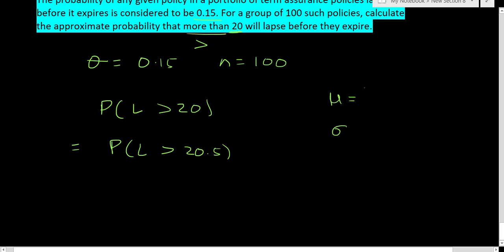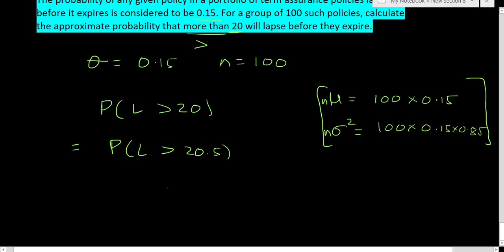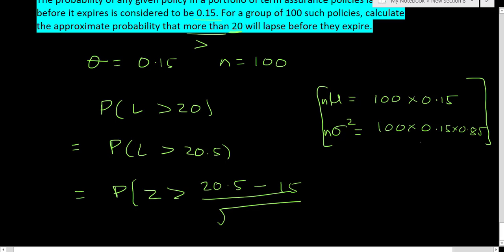So the mean would be 100 into 0.15, and the variance would be 100 into 0.15 into 0.85, that is n mu and n sigma square, obviously, right? So this is the same as the probability that z is greater than 20.5 minus 15 upon root of 12.75.